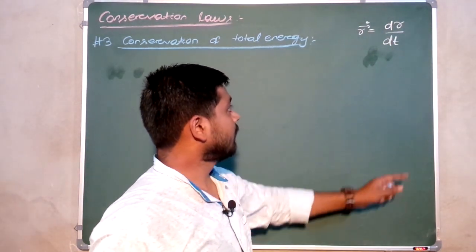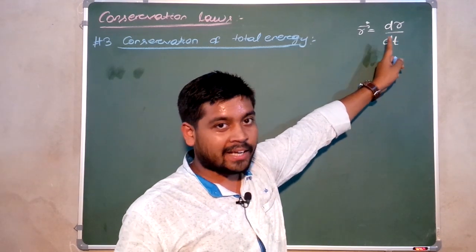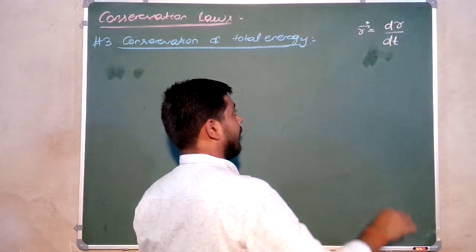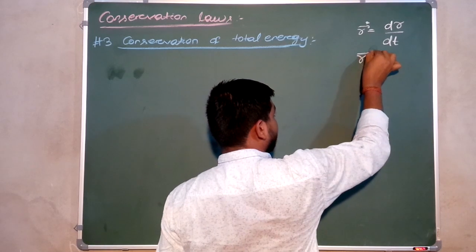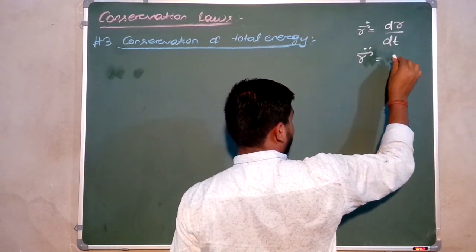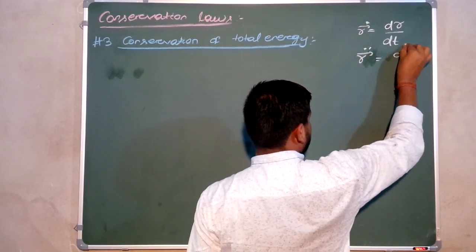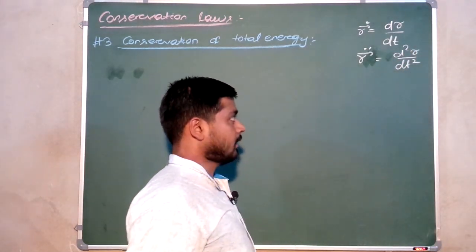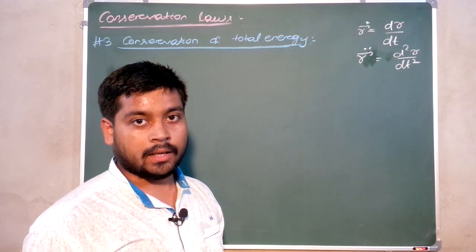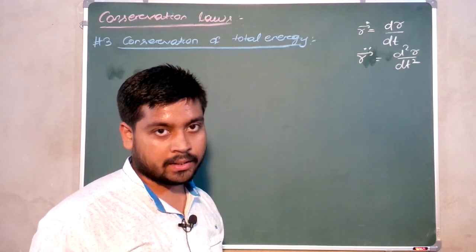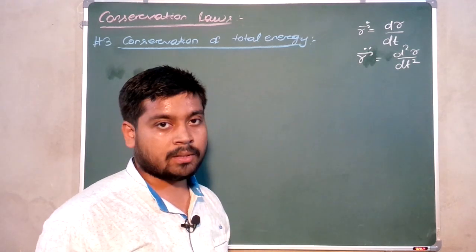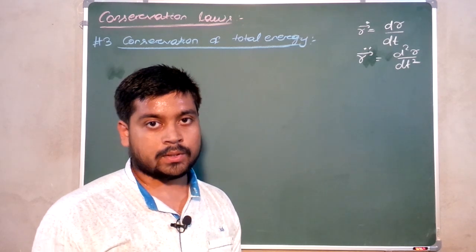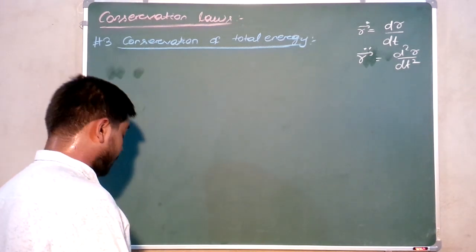That means in place of dr by dt we can write r dot, and the second one is r double dot, that is d square r by dt square. These two things we use here. In place of dr by dt we can use r dot, and in place of d square r by dt square we can use r double dot. Okay, let's start.